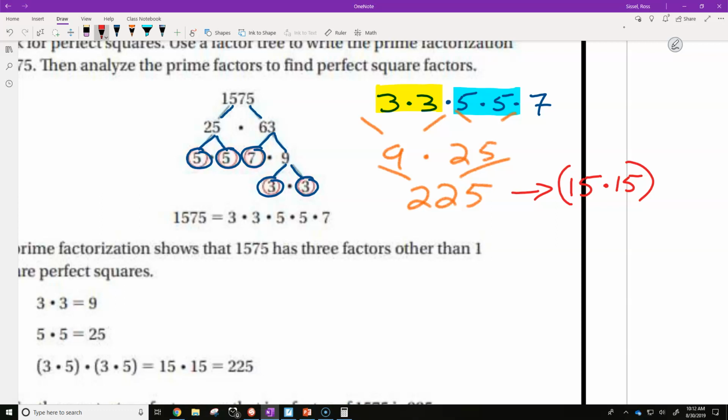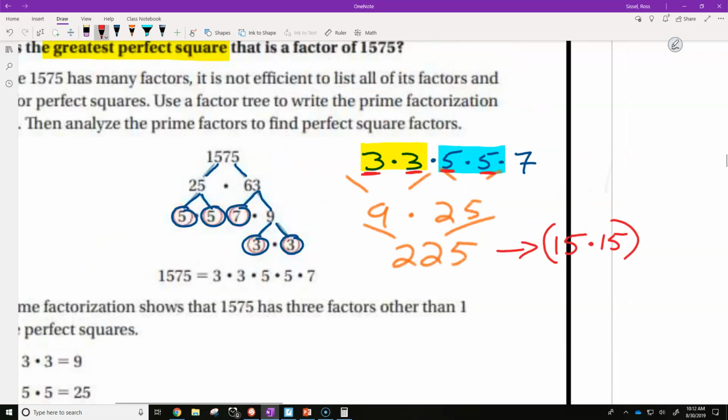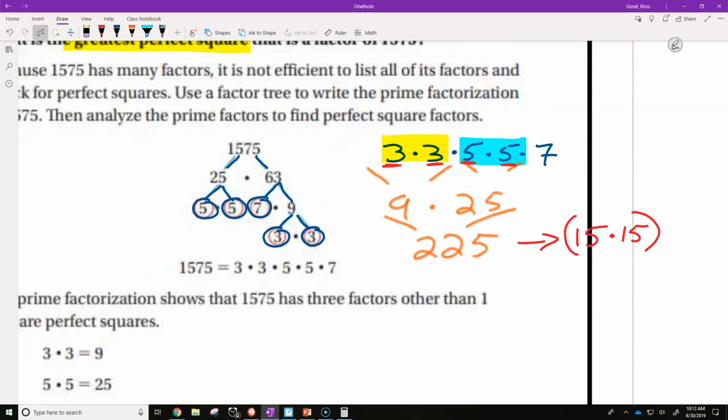Because even though I had 2 pairs here, I had 2 3s and 2 5s, I could have said I had a 3 times a 5 and a 3 times a 5. 3 times 5 is 15, so I did 15 times 15, gave me my perfect square. Okay? I'm going to pretty much stop there for the day. When they talked about greatest perfect square, do the factor tree like normal, identify pairs.